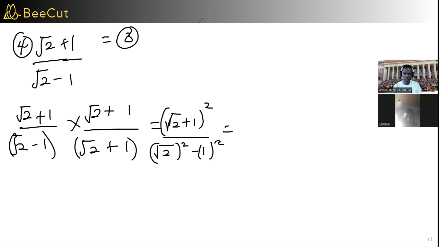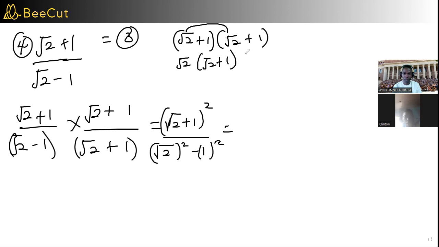Let me expand this somewhere so that I can explain what I wanted to do initially. It will be root 2 plus 1 into root 2 plus 1, right? Yes, sir. It will be the first times the whole bracket. That will be root 2 into root 2 plus 1, then plus 1 into root 2 plus 1.